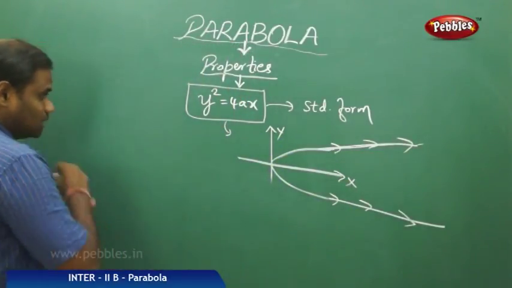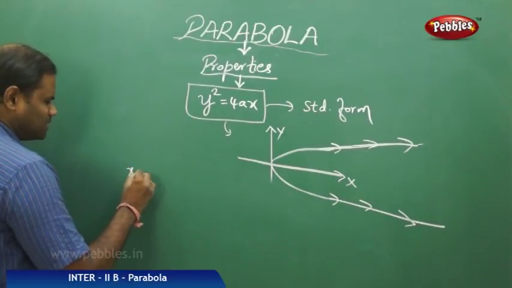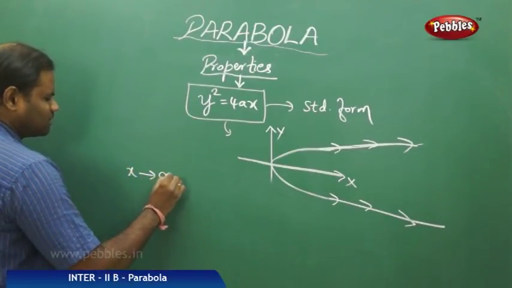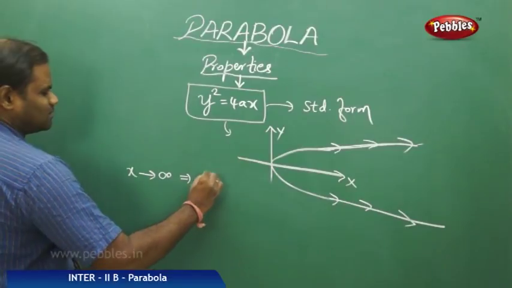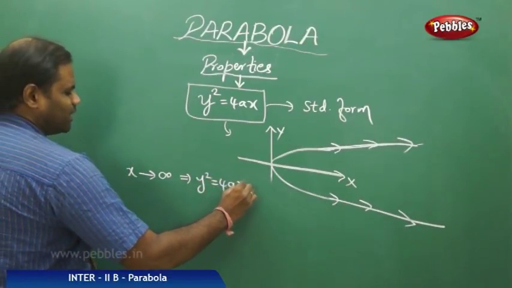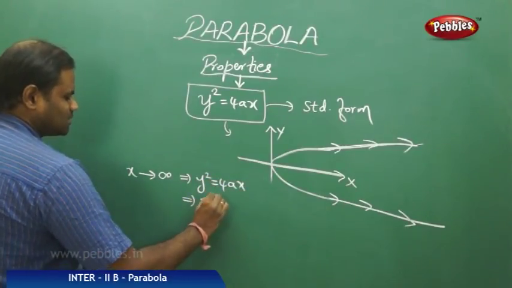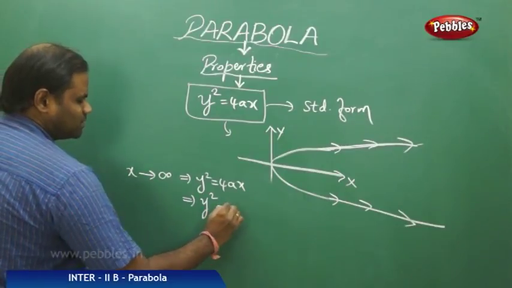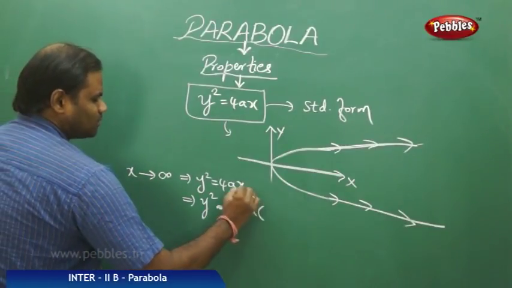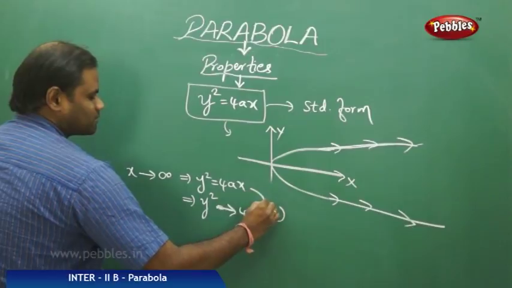This is because if I take, say, x tends to infinity, implies y squared equal to 4ax, that implies y squared tends to 4a times x, which is infinity.